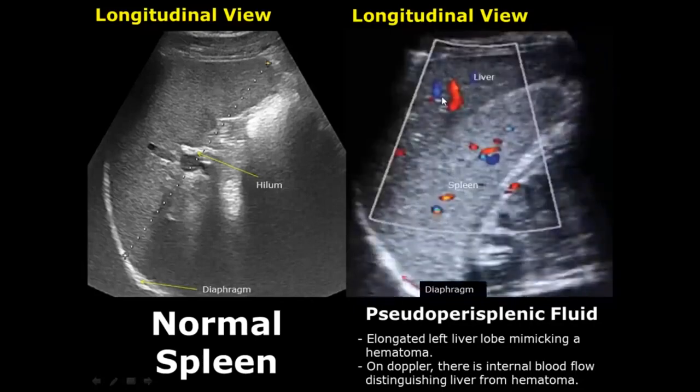The liver will have internal flow, whereas the hematoma will not have any flow. Here is an image with color Doppler applied. You can see blood flow inside the liver. This type of condition is called pseudo-perisplenic fluid.